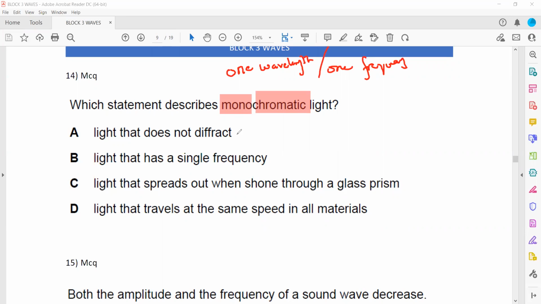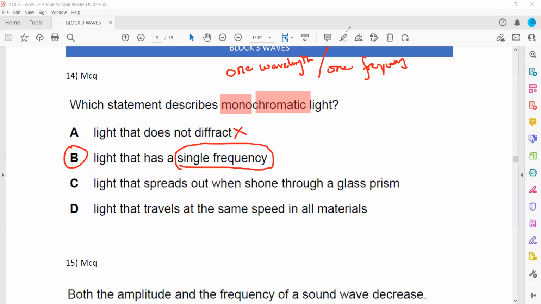Light that does not diffract, that is wrong. All kinds of light will diffract. Diffraction is a characteristic of a wave. Light which has a single frequency, only one frequency, we call that monochromatic light. Next, the light that spreads out when shone onto a glass prism. A monochromatic light does not spread out.